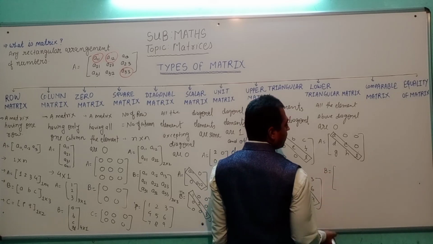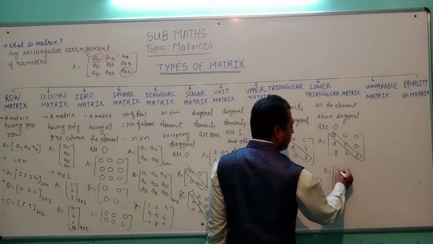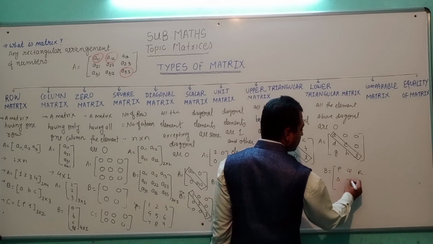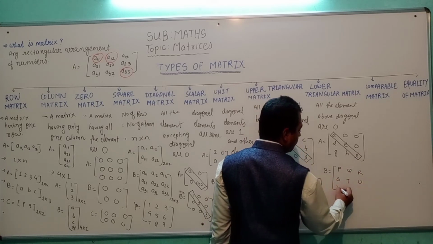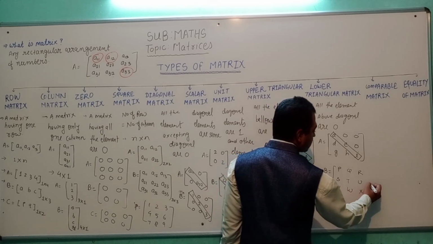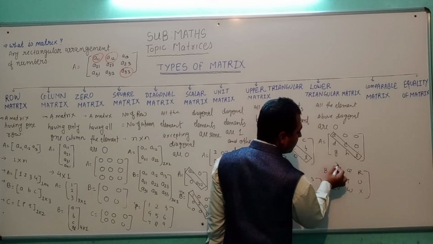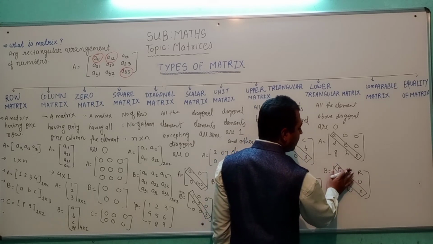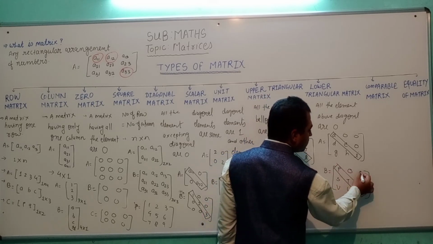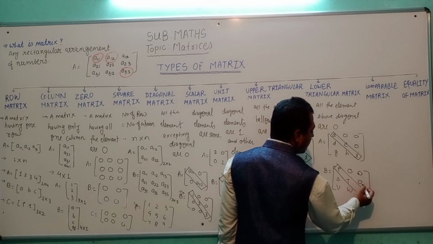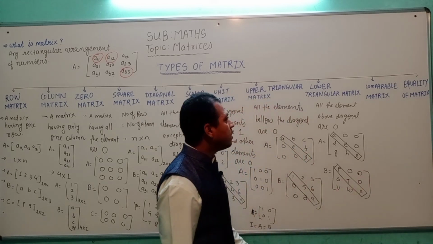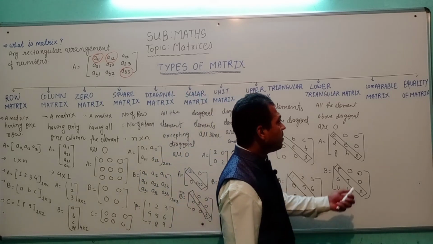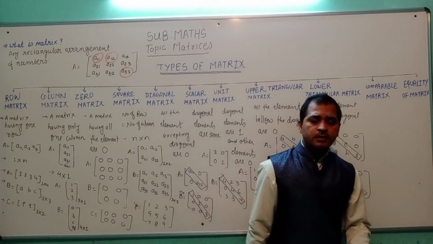Suppose B: p, q, r, s, t, u, v, w, x. As per the definition, the elements above the diagonal will be 0. So you can see that this is a lower triangular matrix.